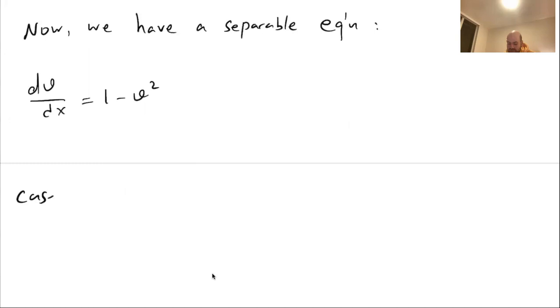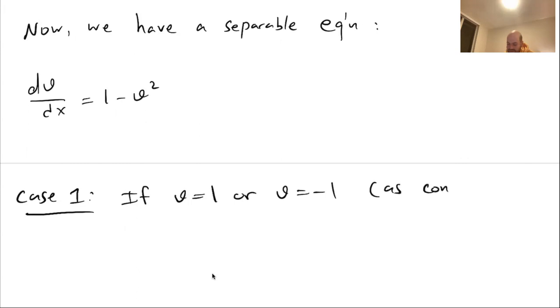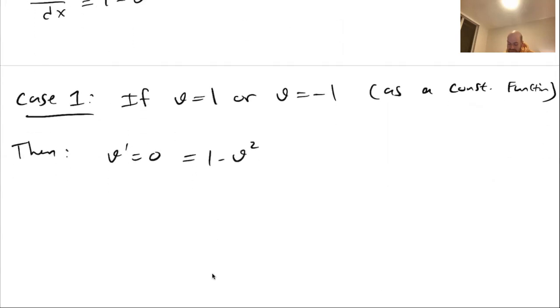Case 1, if v is equal to 1 or v equals minus 1 as a constant function, then v prime will be 0, which is the same as 1 minus v squared.